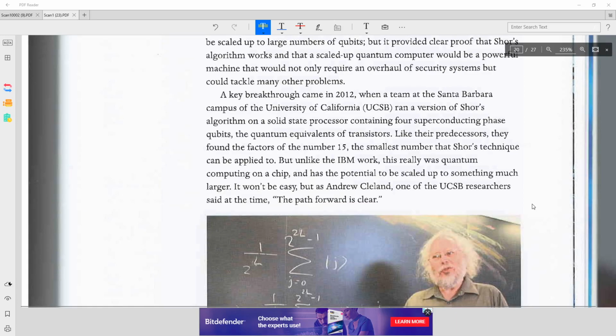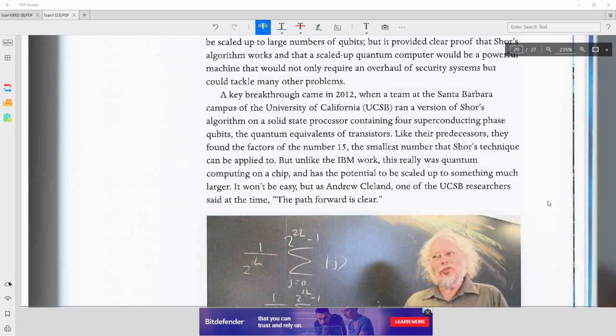A key breakthrough came in 2012 when a team at the Santa Barbara campus of the University of California, UCSB, ran a version of Shor's algorithm on a solid-state processor containing 4 superconducting phase qubits, the quantum equivalent of transistors.